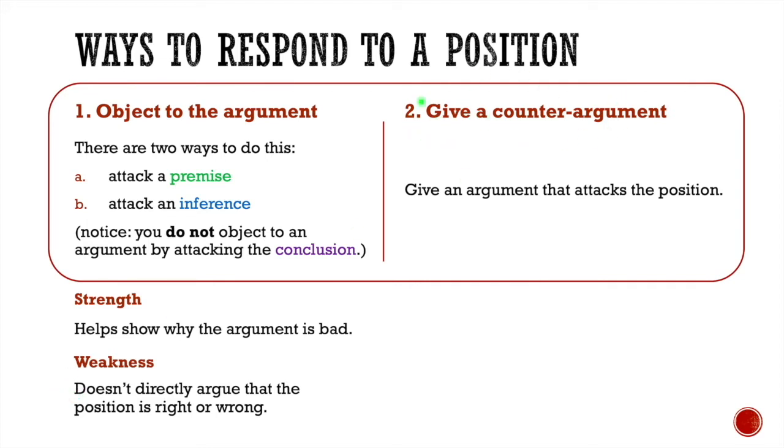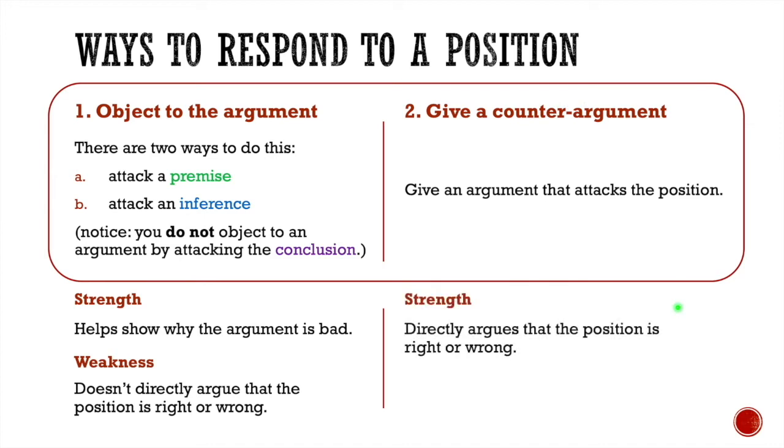Whereas if you decide to give a counter-argument, a strength of that route is that it directly argues that the position is right or wrong. But a weakness of that is that it doesn't help to show why the argument for the opposite side is a bad argument.